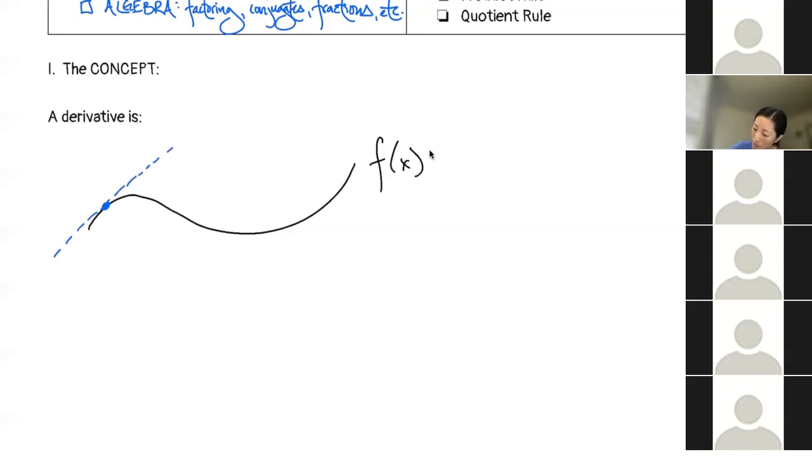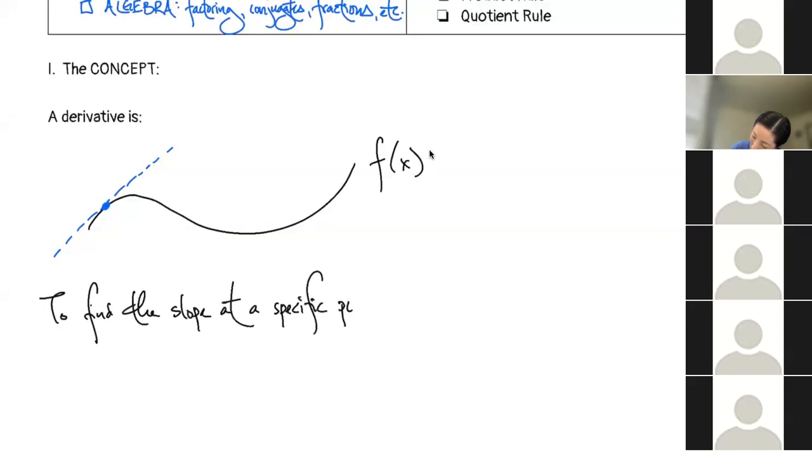So if I wanted to find the slope at a specific point, maybe I have the blue point and I'm like, okay, that should be a positive number. Maybe I have this orange point here at the bottom. What would we say the slope is there?